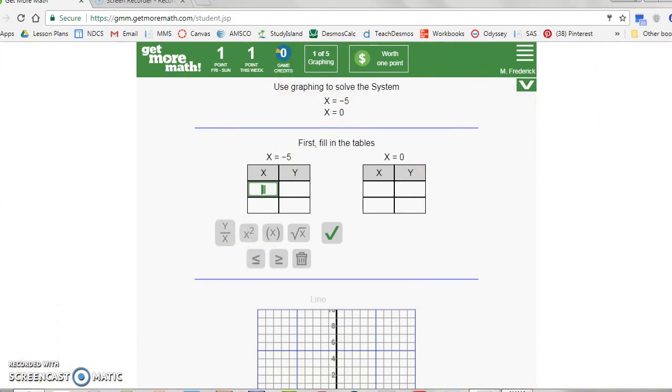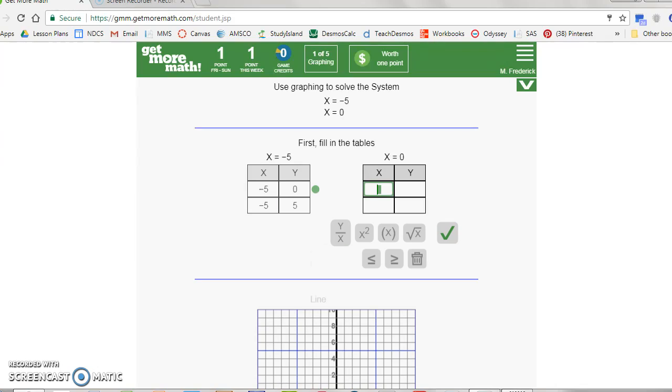Now we can use graphing in order to solve our next system, and this is x equals negative 5 and x equals 0. Note that no matter what we do here, our x value has to be negative 5. Our y value could be anything, but x has to be negative 5.